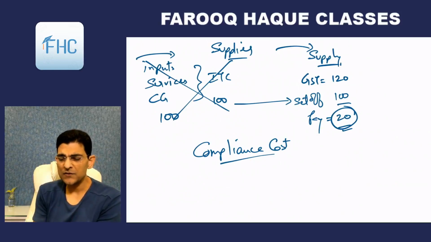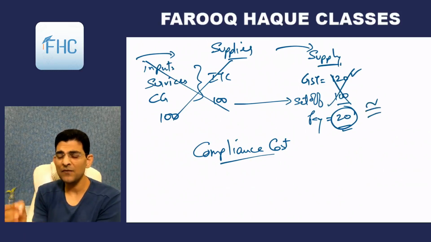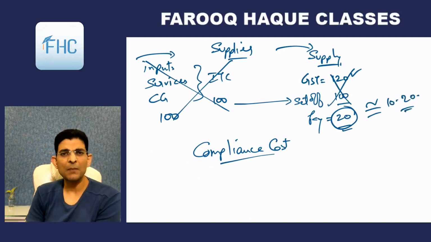So instead of charging 120 and then reducing 100 and paying 20, they say okay, don't do this, pay a very small rate which will be equivalent to, not exactly the same, but equivalent to this 20 rupees. Somewhere in the range of say 10 to 20 it will come. So you just pay this amount directly to the government on your sale price.